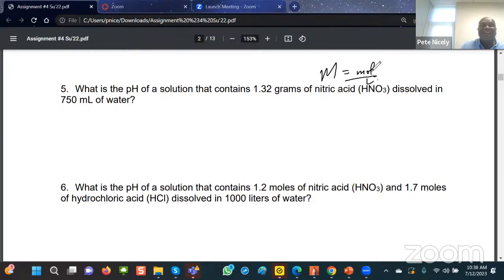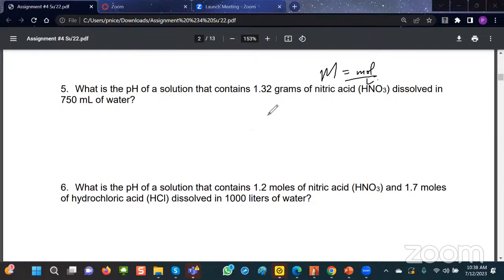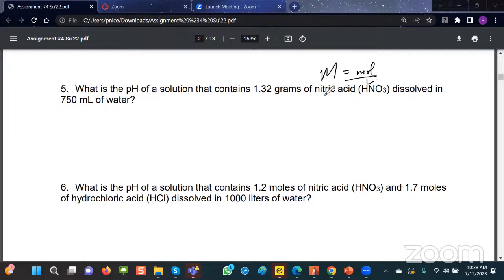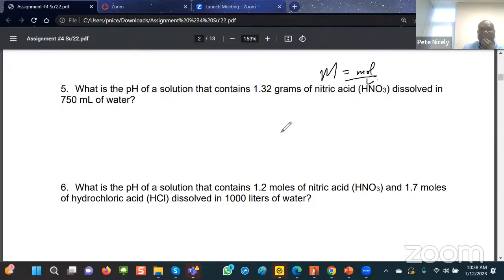So it would be inaccurate if you put M over L. You would have to put moles over L for it to be exactly accurate. Exactly, absolutely right.